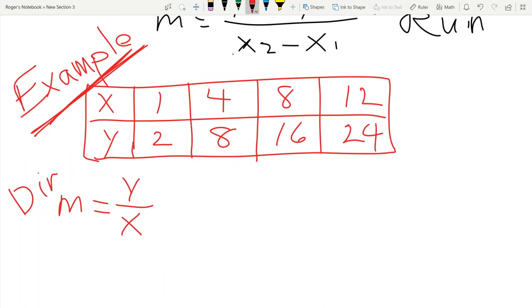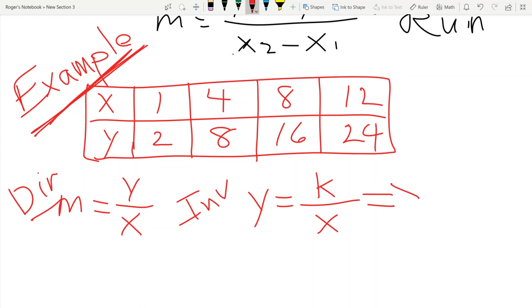And if it's inverse variation, we're going to have y equal to some constant k divided by x. Or putting it another way, multiplying both sides by x, we get x times y is equal to the constant. Okay? So this would be inverse variation, and this would be direct variation.